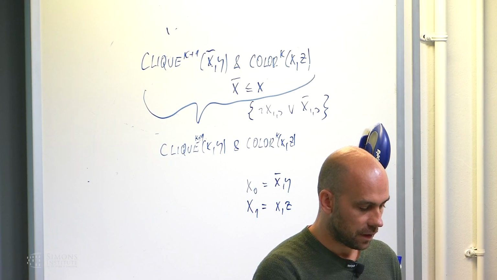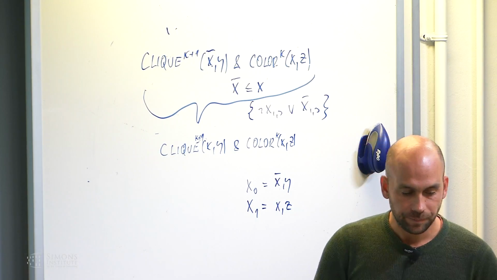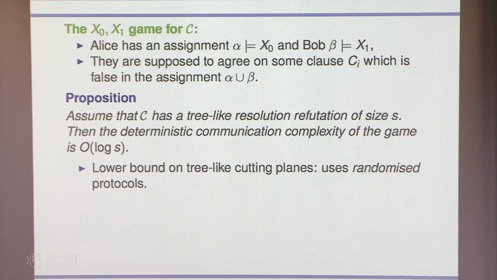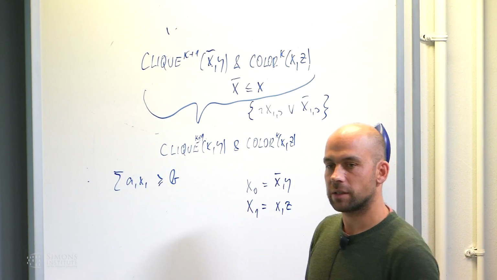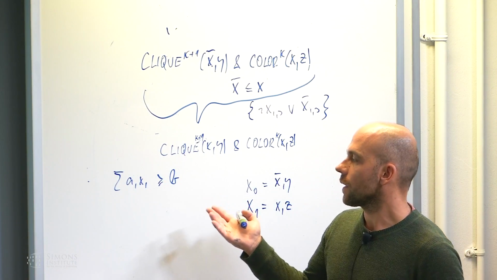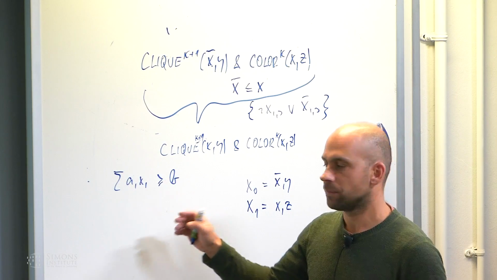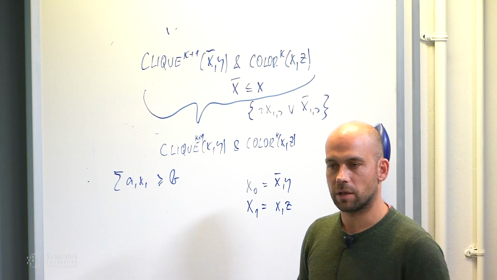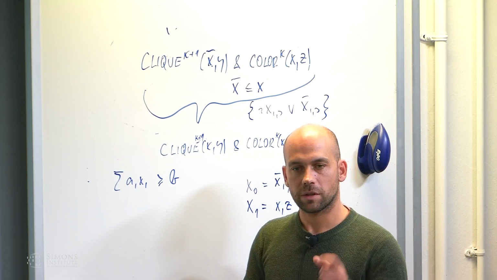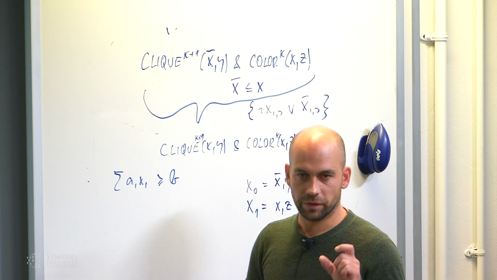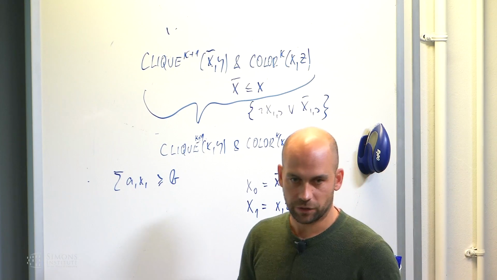One illustration is cutting planes again. Remember that the lines in cutting planes were just linear inequalities. Now, if you split the variables into two parts, the left-hand side also splits into two parts. And Alice or Bob knows exactly the value of his half of the linear function.